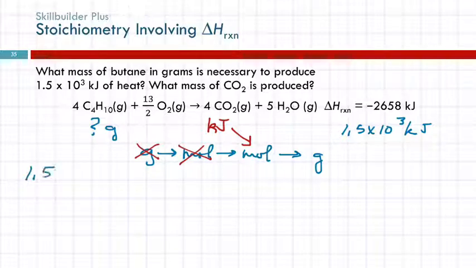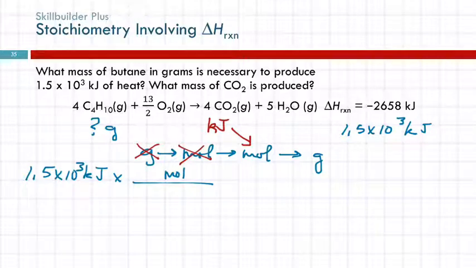Well, 1.5 times 10 to the third kilojoules times, so we've got kilojoules to moles. Moles of what? Moles of butane. Moles of the thing we're interested in. There's no point in going to moles of something else and then moles of that to moles of that.